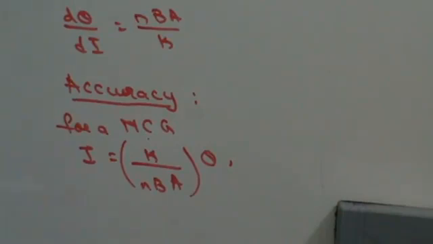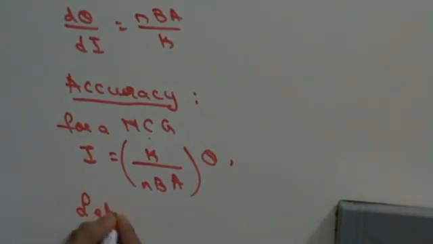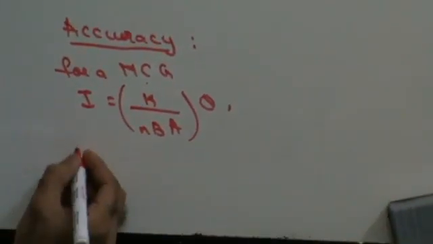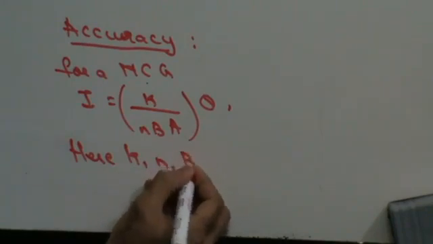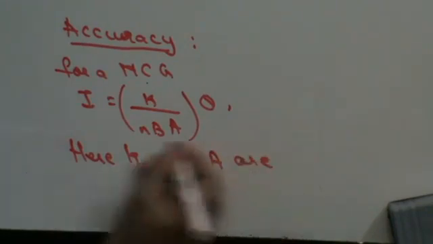Let us write this down. Here K, N, B and A are constants.